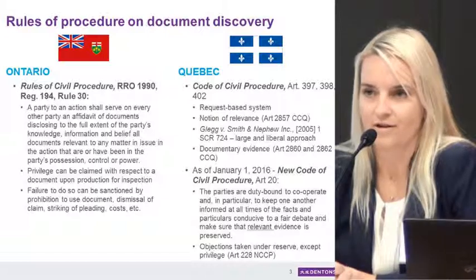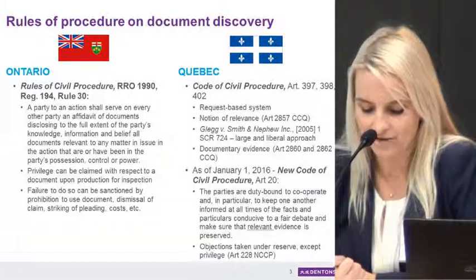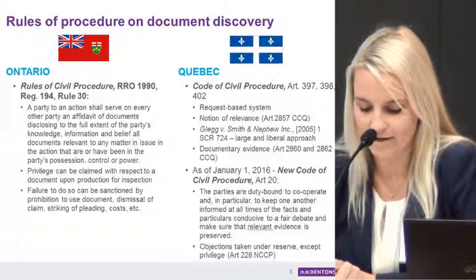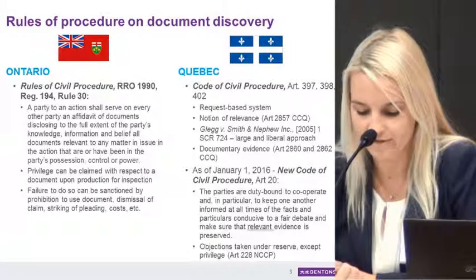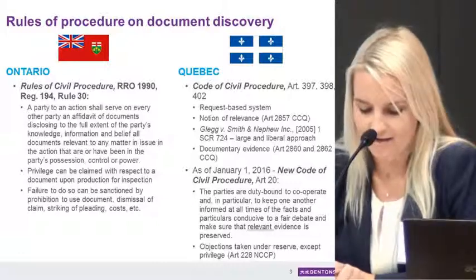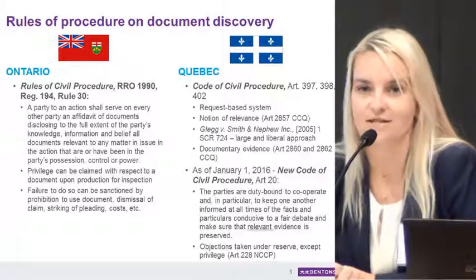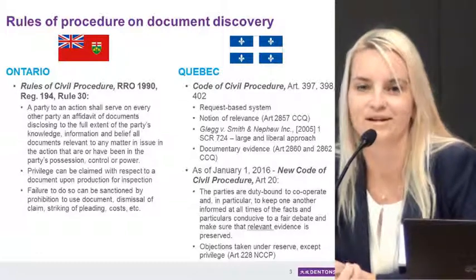Under Article 20, it's provided that each party has to keep one another informed of relevant facts in order to have a fair debate. And each party has to preserve all relevant evidence. So that's new law under Quebec law.